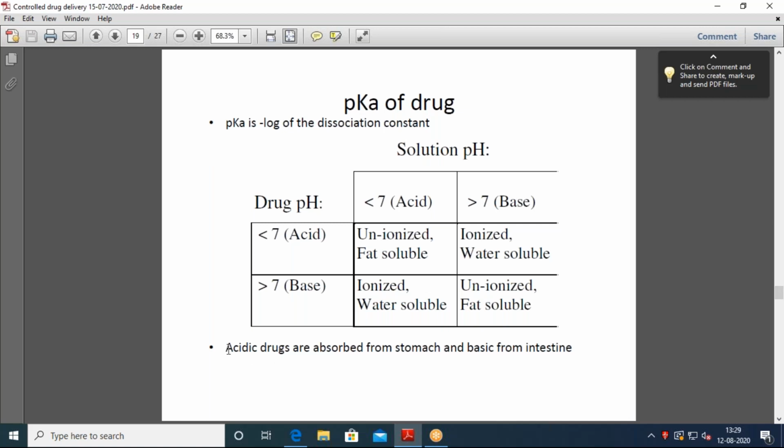As I mentioned in the last statement, acidic drugs are absorbed from the stomach and basic drugs are absorbed from the intestine. That's the only thing most of you have to remember.